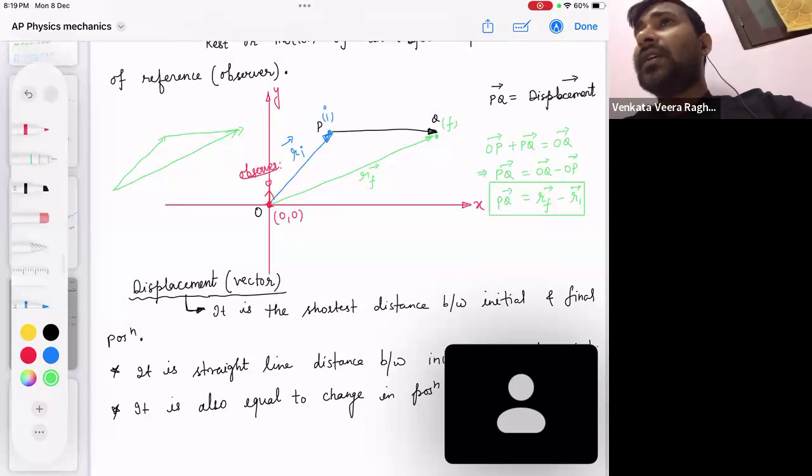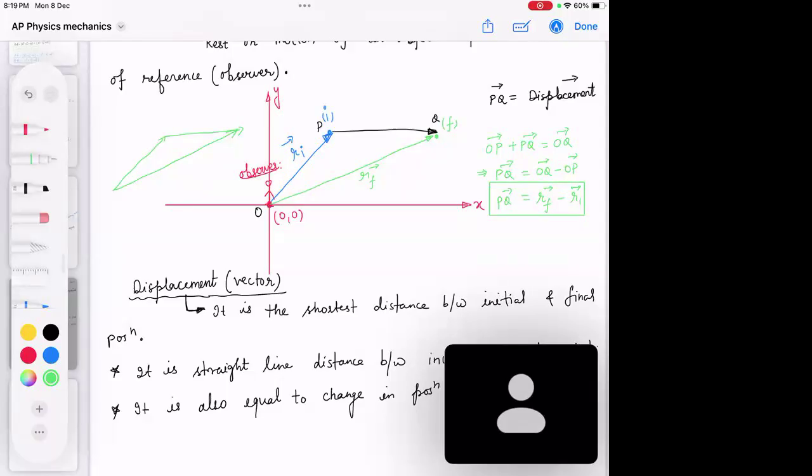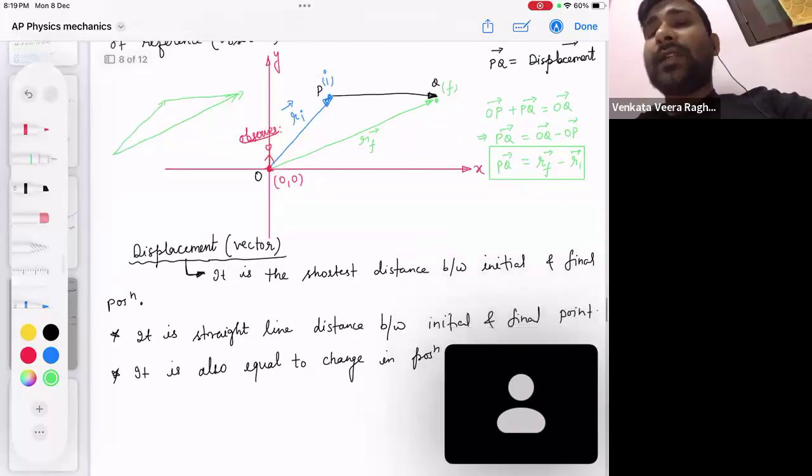Or sometimes the position will be given in vector form, like this is my initial position vector, and after some time the position vector is something else. Then with the help of the change in position vector, we can also find the displacement of a particle. Is that clear? So this is about the displacement.